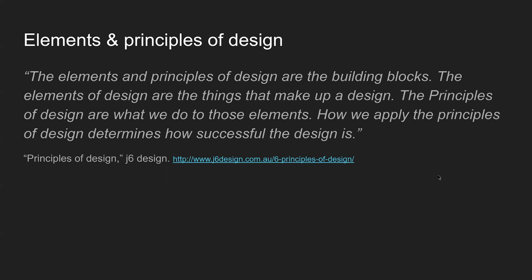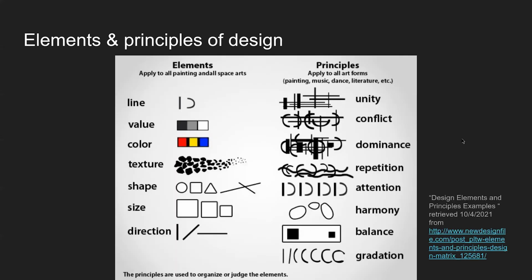But what's important to think about is not just the fact that you need to make a map, but that the design choices that you make are influencing how people are going to see and interpret and understand your work too. So this is thinking about introductory art elements, these concepts of things like line, value, color, texture, shape, size, and direction, and how those are applied.